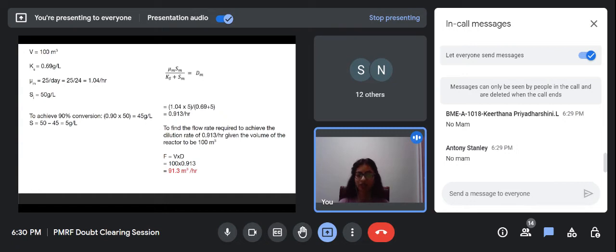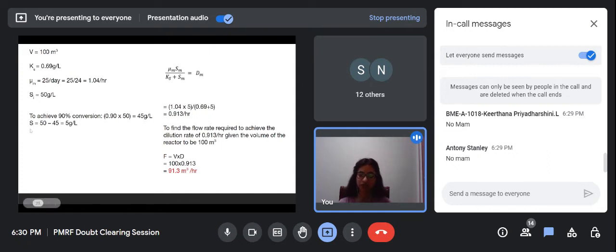Okay, so what that means is, because you know that the substrate concentration at the input is 50 grams per liter, so 90%, which is 90 by 100 or 0.90 of 50, will be 45 grams per liter. So you are converting 45 grams per liter of the substrate that is being given to you, which is 50 grams per liter.